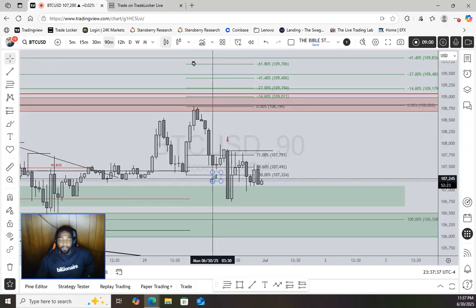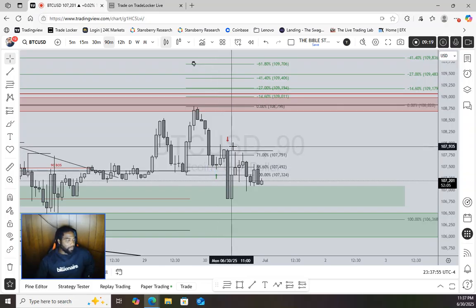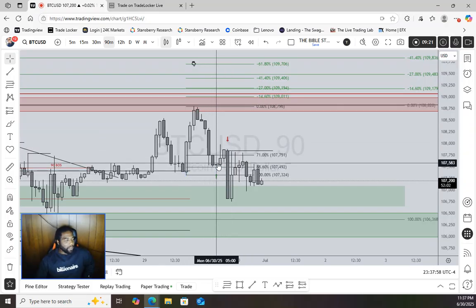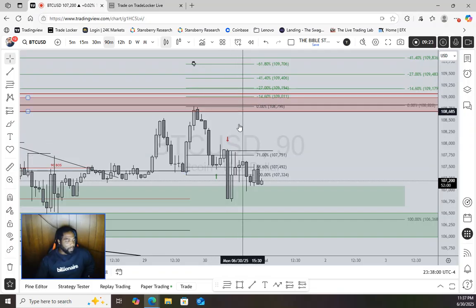And like I say, if the continuation is more so corrective price action, then what more so follows a corrective price action continuation is a reversal. You know what I mean?